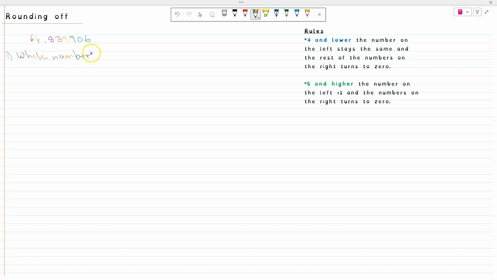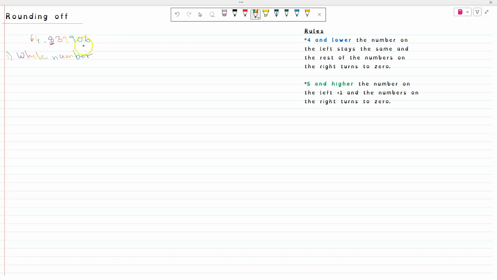So we need to round off to the whole number, which means we actually need to look at the number before we get to the whole number. What is that? The first whole number that we have is 4. So the first number that we need to look at is the 8 here. Okay, so now we look at the 8. Our rule states if it's 5 and higher, the number on the left plus 1. So we need to plus the number on the left-hand side with 1, and then the rest becomes 0.